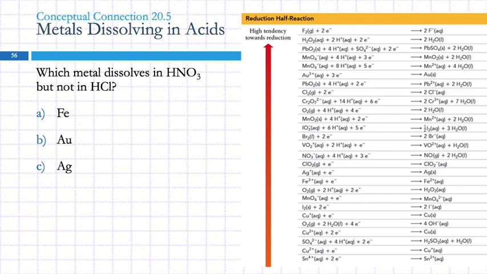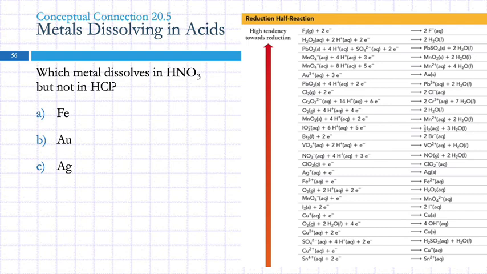So which metal will dissolve in nitric acid but not in hydrochloric acid? HCl would be the H plus, which is the zero, the standard hydrogen electrode.